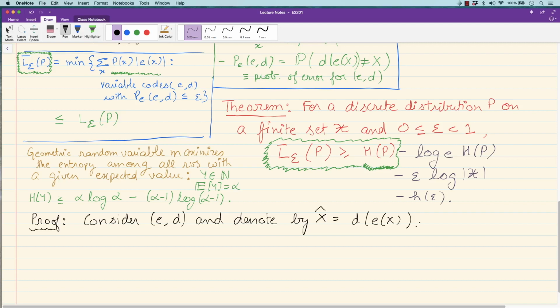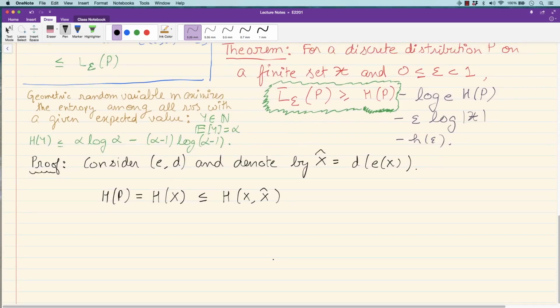Now we know that entropy of P is equal to h of x, but this is less than or equal to h of x and x hat. Okay, this is true. And this h of x and x hat, I will split into h of x given x hat plus h of x hat.